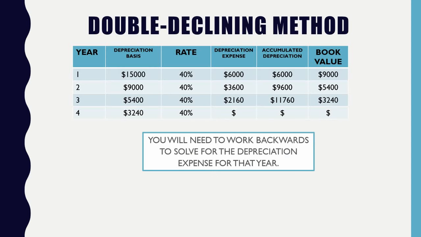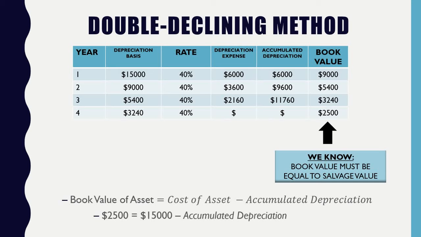So if I have to set my book value to equal my salvage value, I need to replace this number with 2,500. What does that even mean? That means I need to work backwards to figure out my numbers, because I cannot depreciate more than what I have.